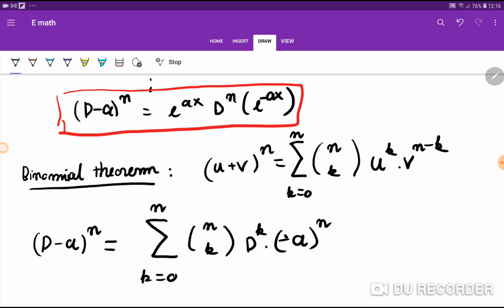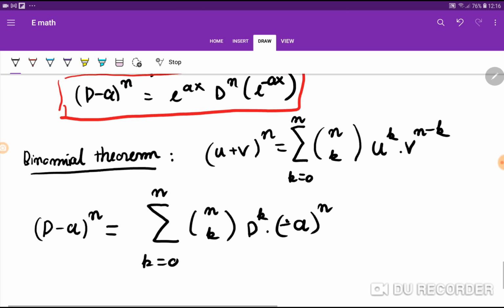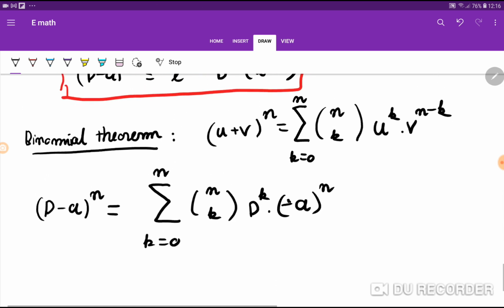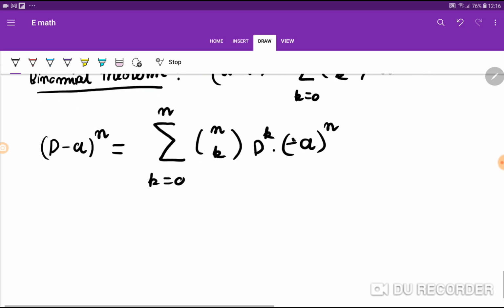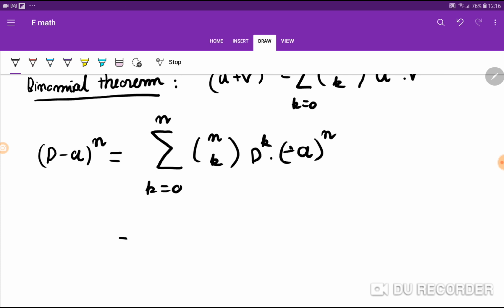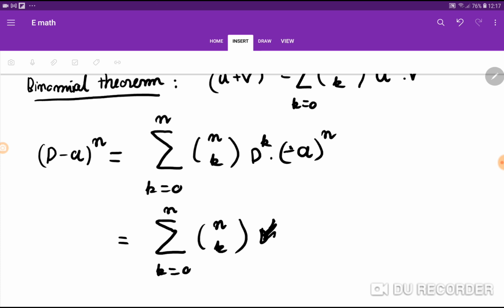With that being said, let's do one example. Or in other words, let me write it in common language. It's not fully common language yet. I'm not going to write big D anymore.